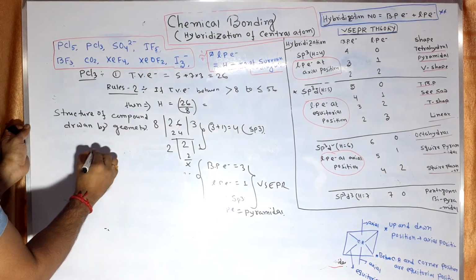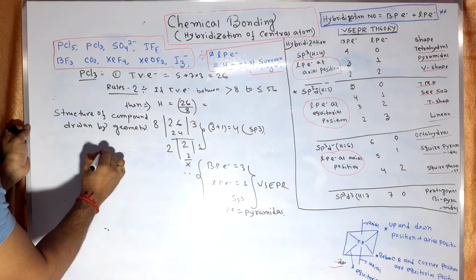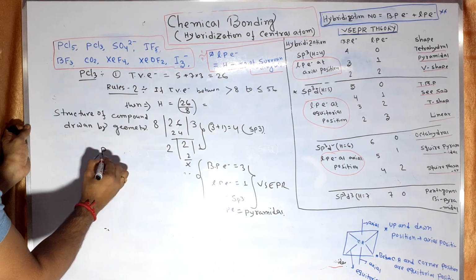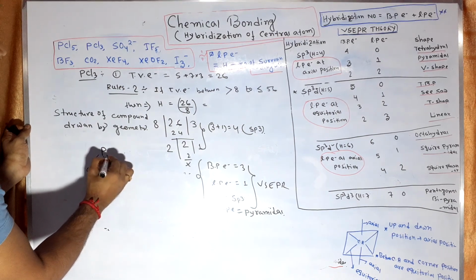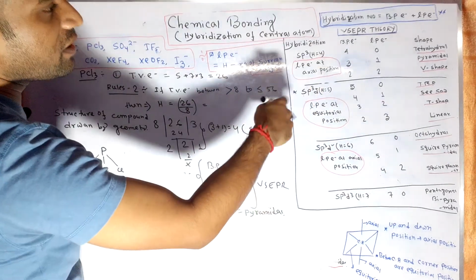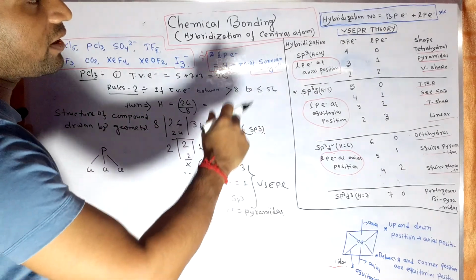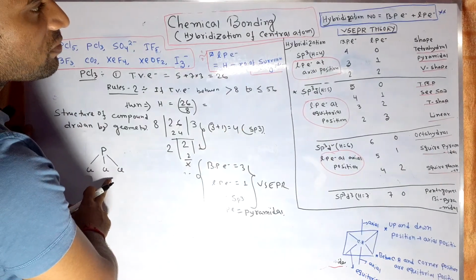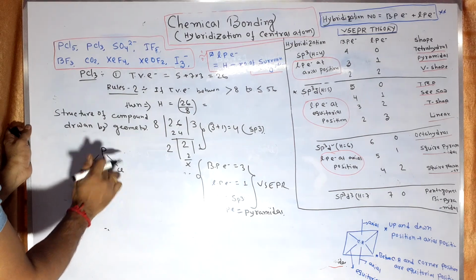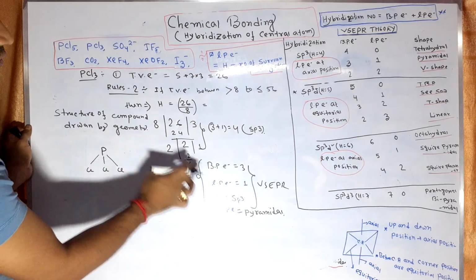So in the structure, the central atom phosphorus is in the middle, then 3 chlorine positions. Pyramidal shape or V shape, any shape depends on the lone pair electron, but the structure is drawn from the geometrical structure. That means tetrahedral, a tetrahedral species with one lone pair occupied.